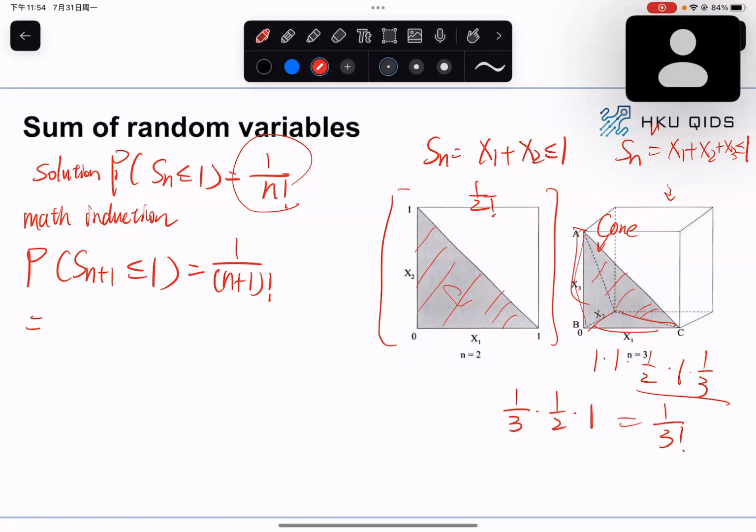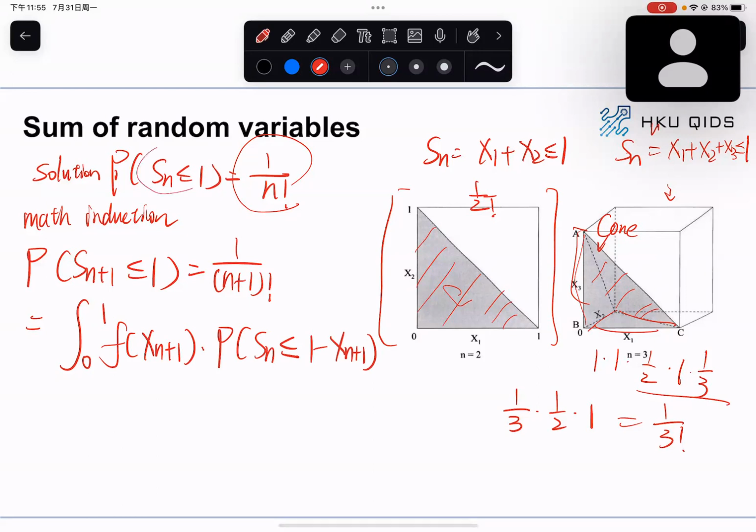First, we change it into an integration. This is going to be the integral from 0 to 1 of f(xn+1) times the probability that Sn is less than or equal to 1 minus xn+1, dxn+1. Because we already know that Sn is smaller than 1, given a value of xn+1, the remaining n variables should sum to less than this part.